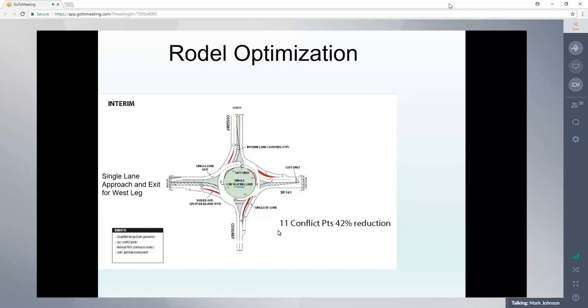So from a decision-making process, it was easy to implement the interim condition, knowing full well that the ultimate may never be needed. We're able to reduce the conflict points by around 42%, which is pretty substantial. What we're finding is that macro-level conflict point reduction substantially improves safety for all modes.